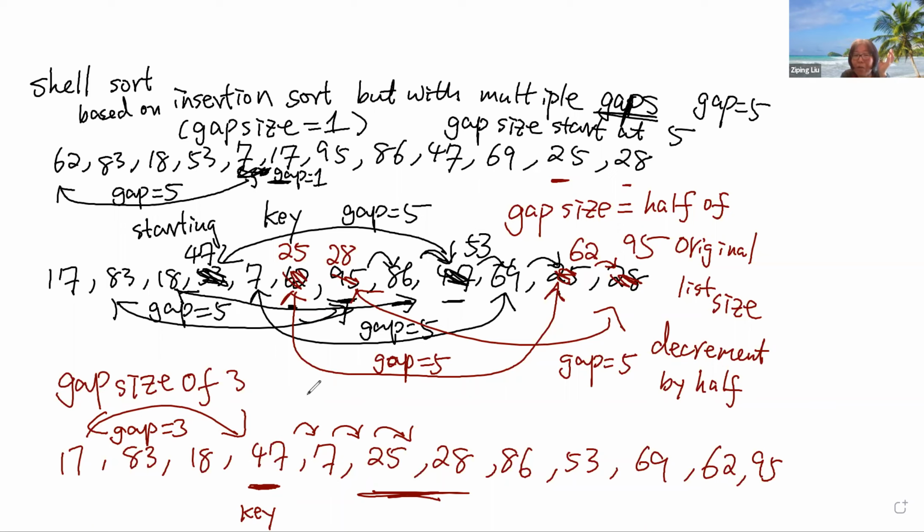And then the next round is going to decrease the gap size to 1. When the gap size is 1, basically it's an insertion sort.